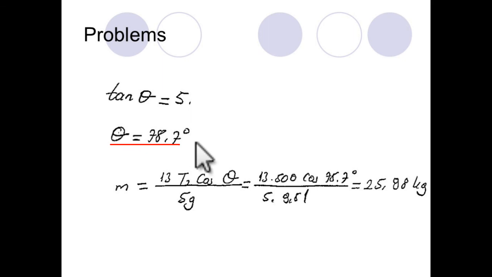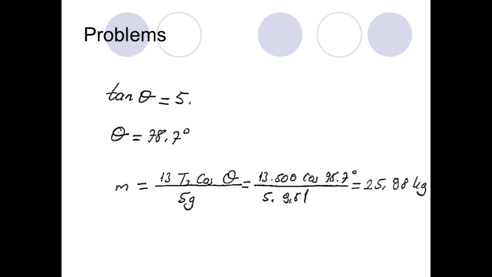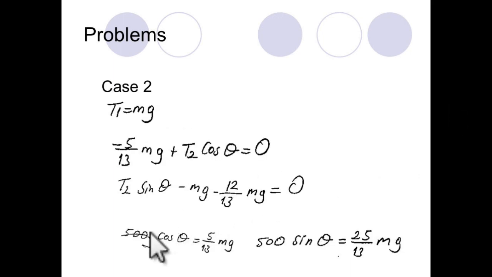Now, I know the theta, and I can use any equation, either this one or this one. I already assume that T2 is 500. So I just take the equilibrium equation in x direction.